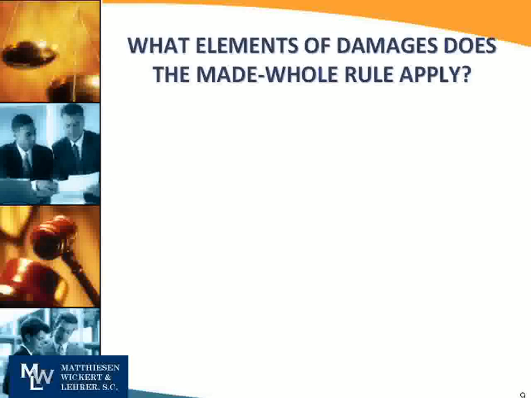Medical expenses and lost wages or disability type benefits, those wage replacement benefits that are often paid, are two of the main components, and they're very strong categories of damages because we can put a precise dollar figure on them, but they're not the only ones.